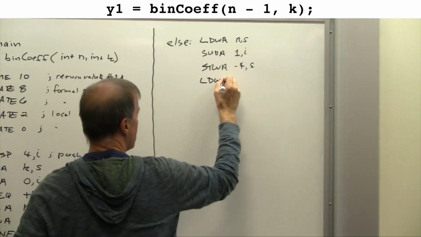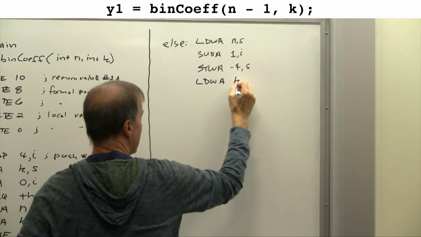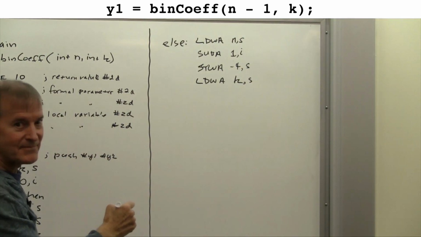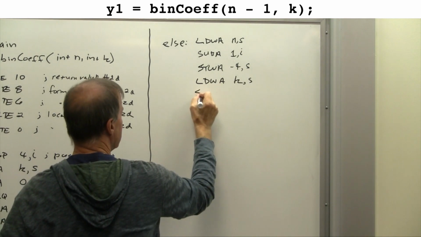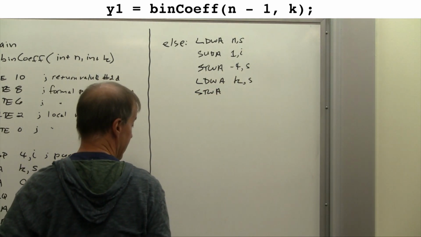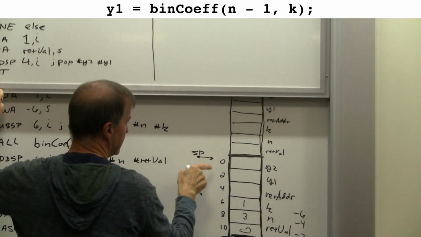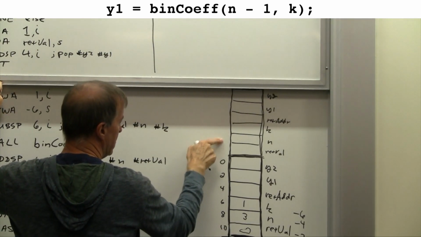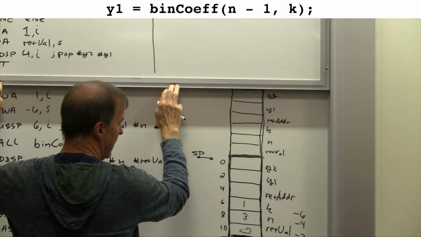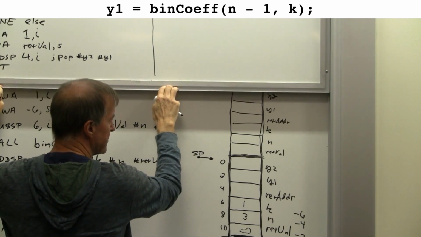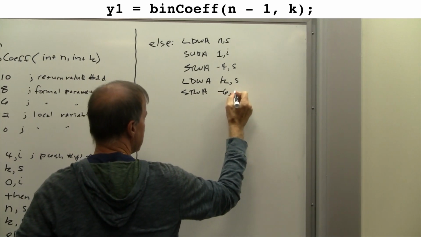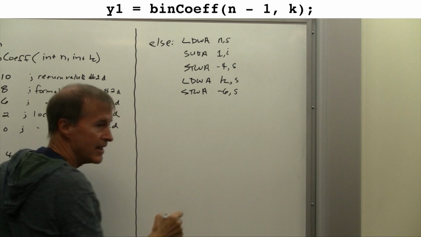Load word accumulator K, addressing, and then what? Store word accumulator. Now where? Negative 6. Okay, store word accumulator, negative 6, addressing stack relative. And now what?